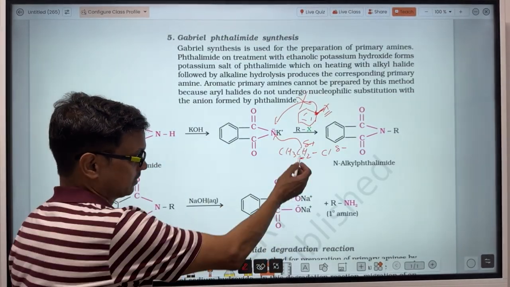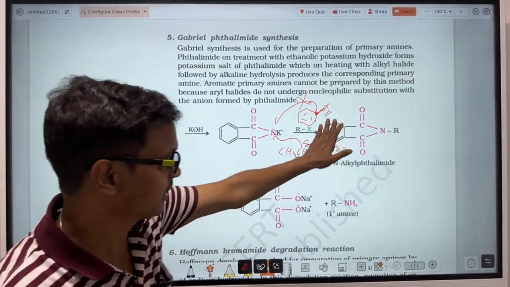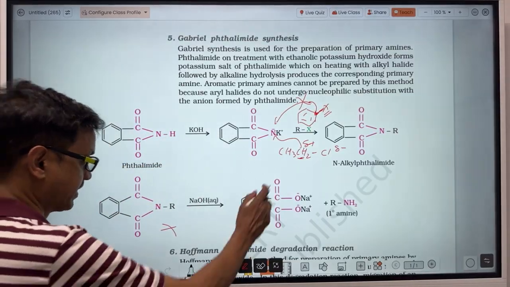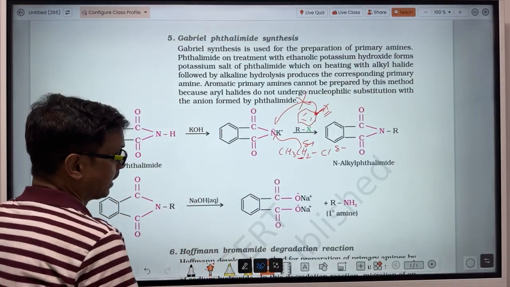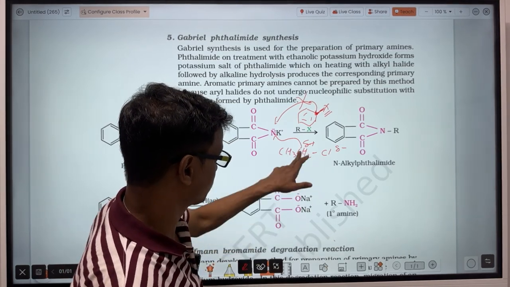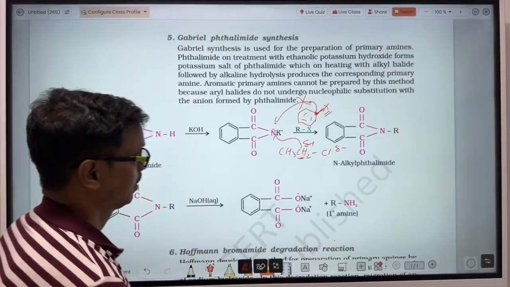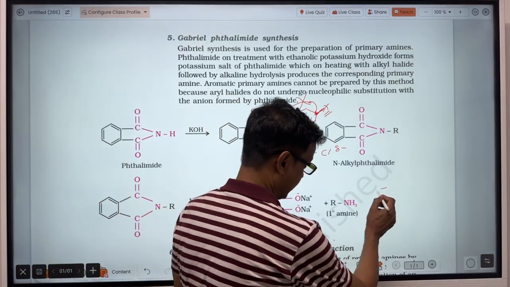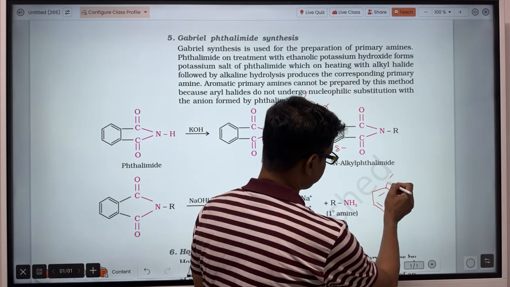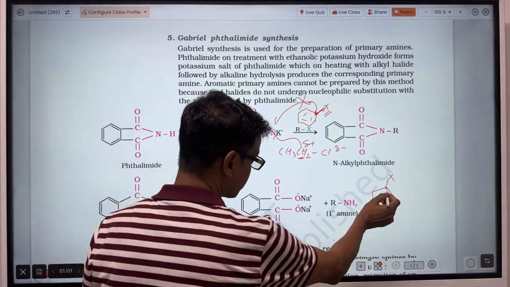As a result, this alpha carbon is attracted towards the nitrogen, and the reaction proceeds. But in the case of a haloarene, there is no positive charge on this carbon atom, so it will not be attracted.